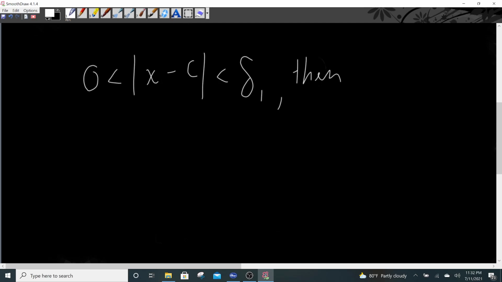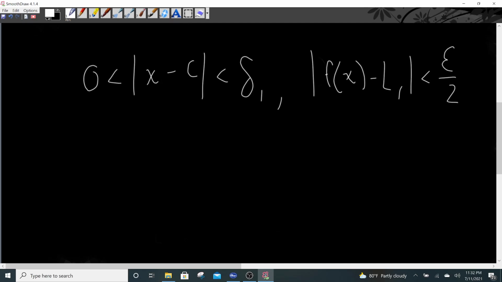We'd have 0 is less than the absolute value of x minus c, which is less than delta 1. And then this implies, or you could say that if, then, because that is the defined relationship, the absolute value of f of x minus L1 is less than the arbitrary value epsilon over 2.